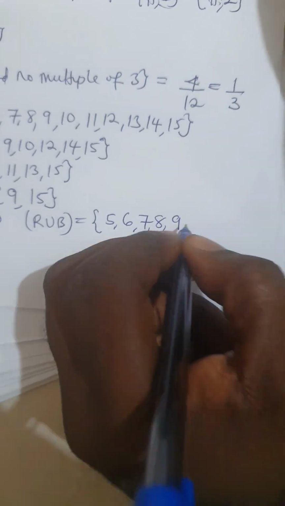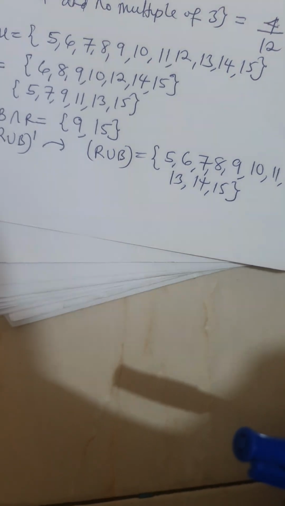So we arrange: 5, 6, 7, 8, we have 2 nines, we just write 1, 10, 11, 12, 13, 14, and then 15. Right: 5, 6, 7, 8, 9, 10, 11, 12, 13, 14, 15.